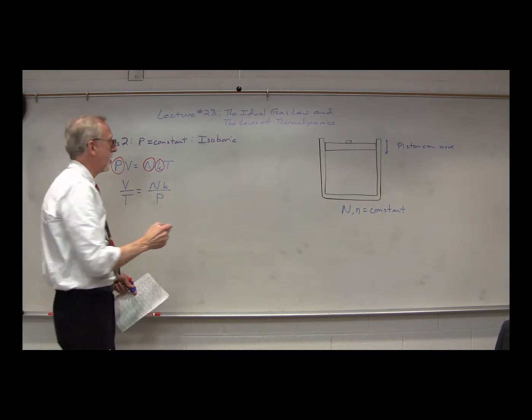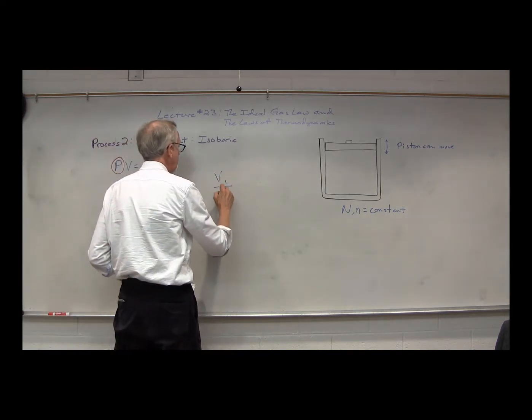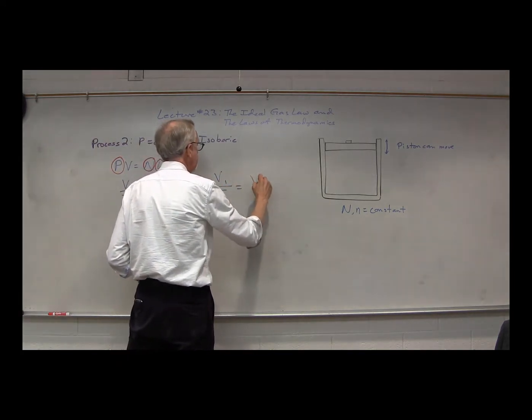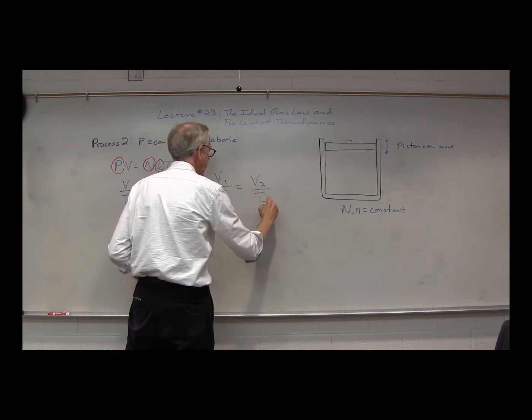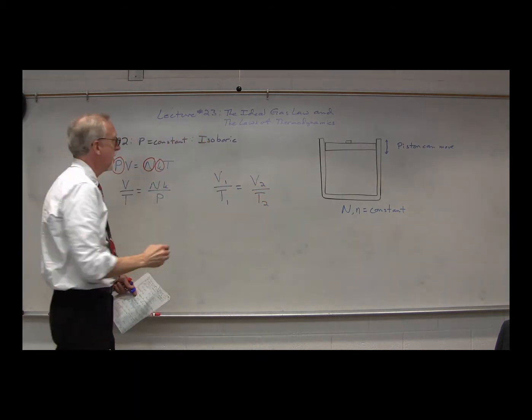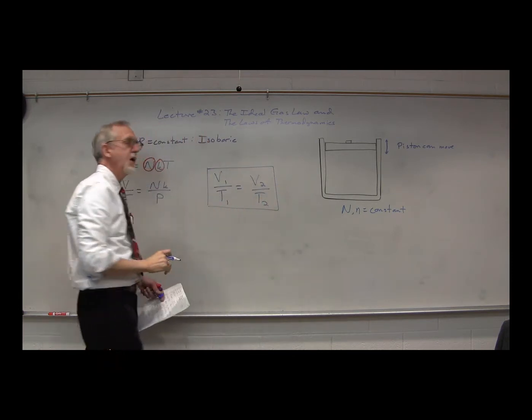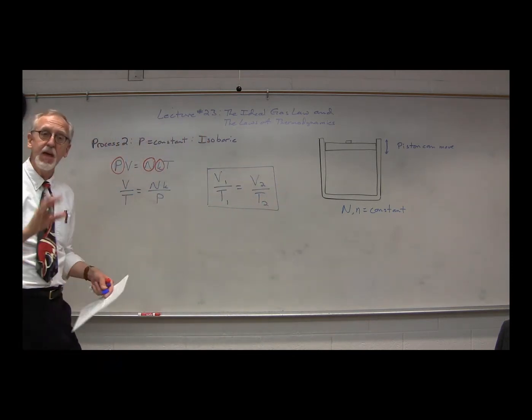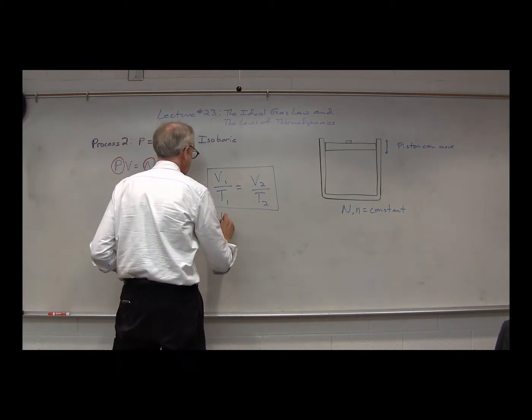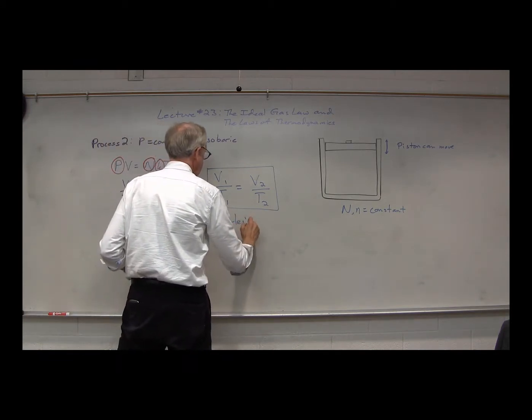So what do we have now? We have that V1 over T1 must equal V2 over T2. There we go. And this is our relationship for an isobaric process. And this is referred to as Charles's law.